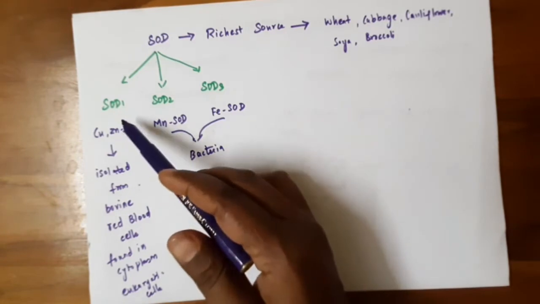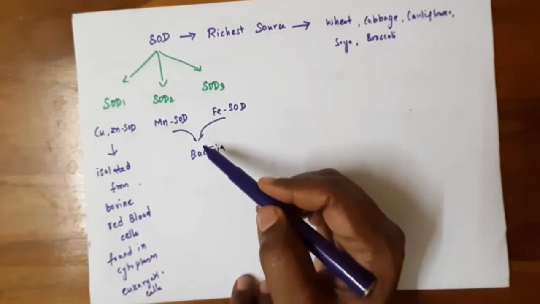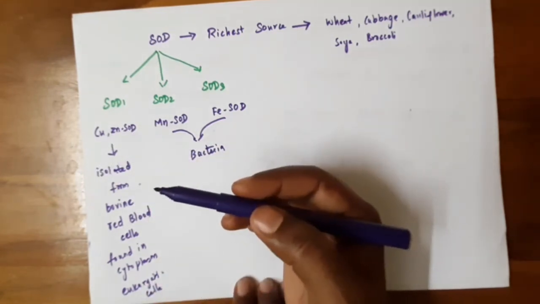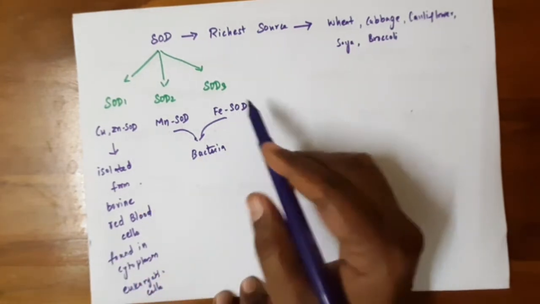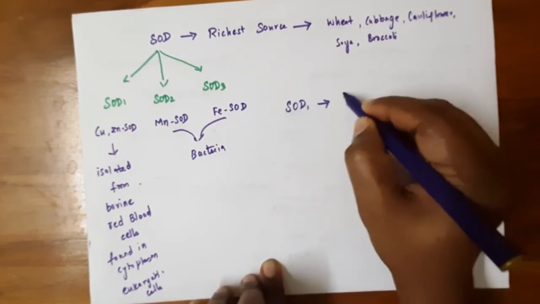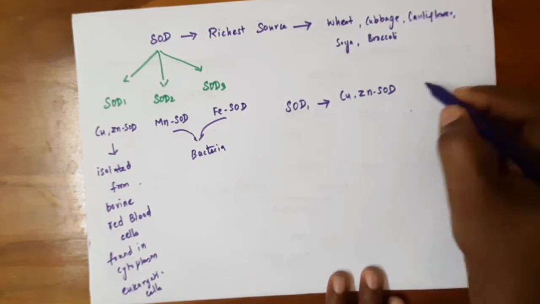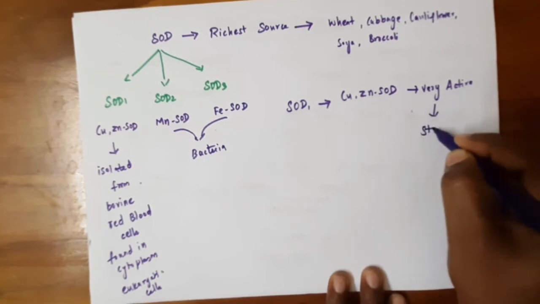So SOD1 is found in eukaryotes and these are found in prokaryotes. Prokaryotes are unicellular organisms and eukaryotes are multicellular organisms. Among these three forms, SOD1, copper zinc superoxide dismutase, is a very active and stable form.